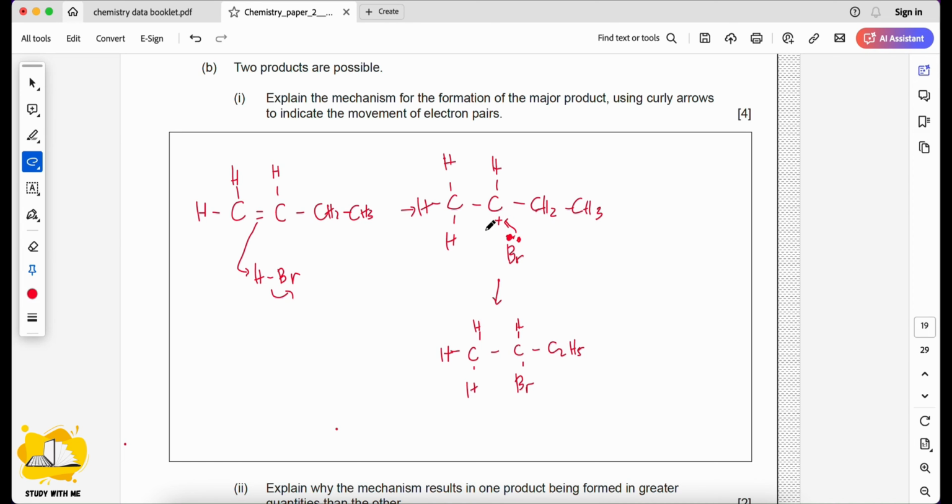The carbocation, which is positively charged, accepts a pair of electrons from the Br ion, forming 2-bromobutane. All right.